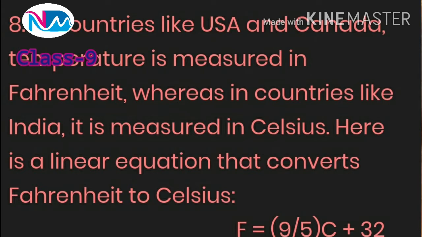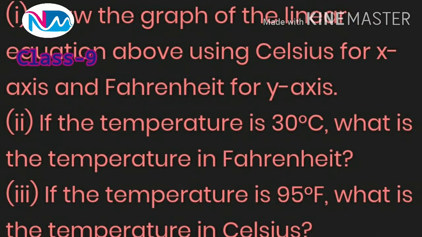Here is a linear equation that converts Fahrenheit to Celsius, that is F is equal to 9 by 5C plus 32. Question number 1. Draw the graph of the linear equation above using Celsius for x-axis and Fahrenheit for y-axis.